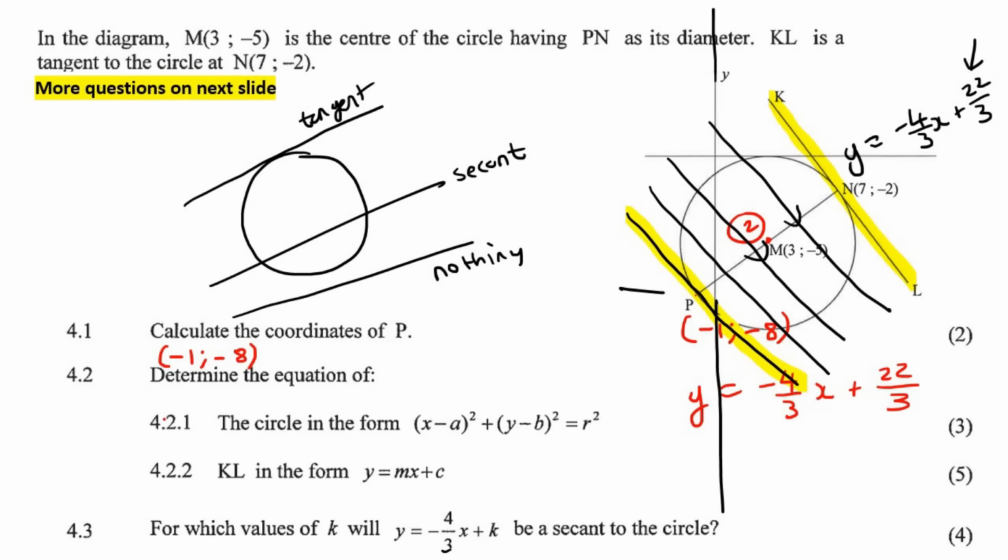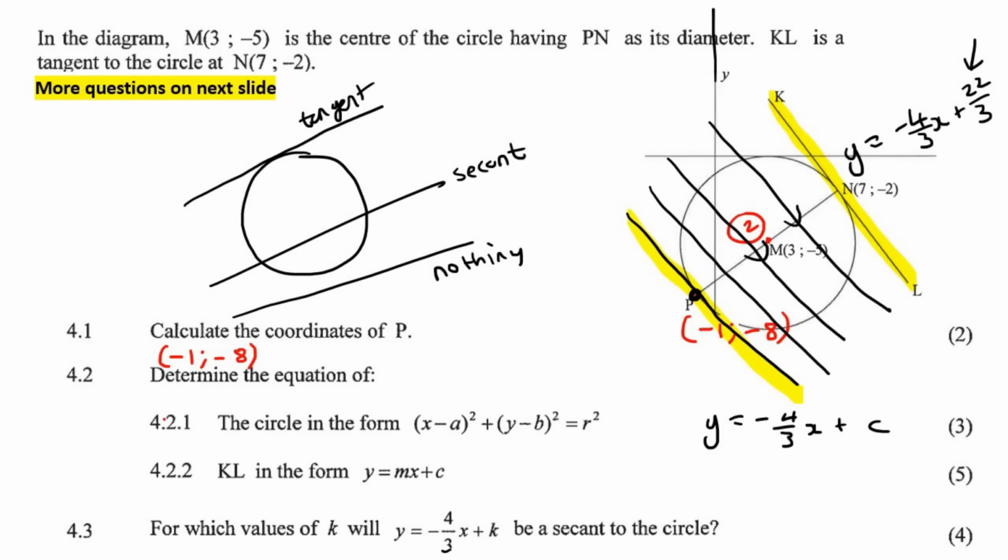Now let's go find this line's equation. It will be very easy, because it's going to be parallel to this equation. So it's going to have the same gradient. And then you can just plug in the coordinates of P, which we already found is negative 1, negative 8. So we can just go plug that in quickly.